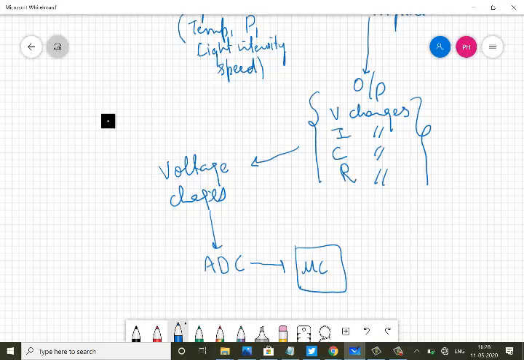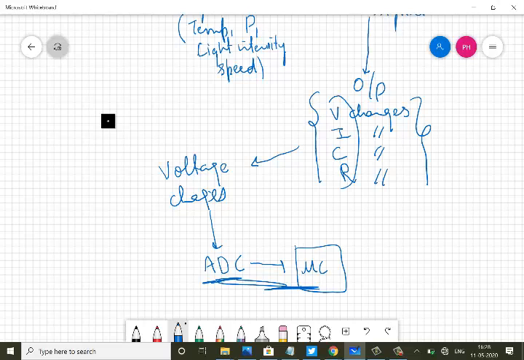And then we have a signal conditioning block that conditions the signal so that it may suit our ADC or our microcontroller. That is, all the changes are converted to voltage changes only, and then the signal is fed to the ADC. The ADC converts the analog signal into a digital signal, and then it's fed to the microcontroller.